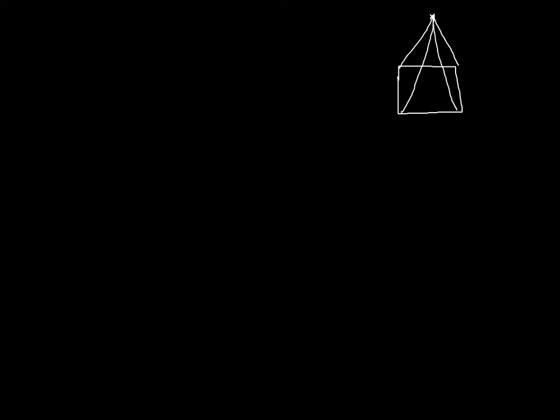Okay, so on our pyramid, we know that this side, the front side right here, is 6 feet. And then it draws a little line here. What that line means is that all sides are the same.